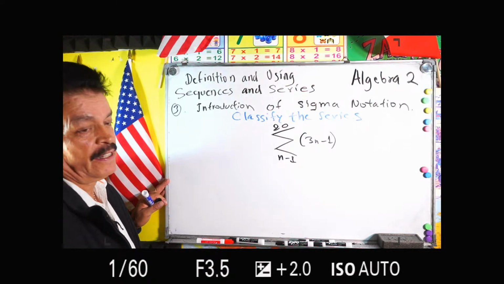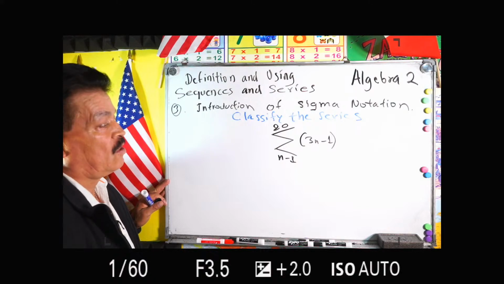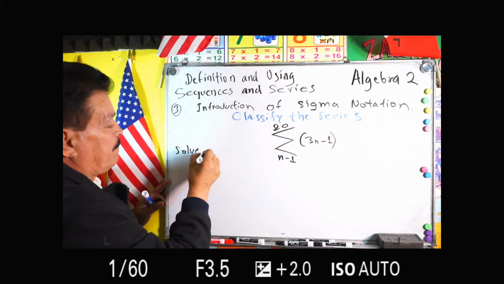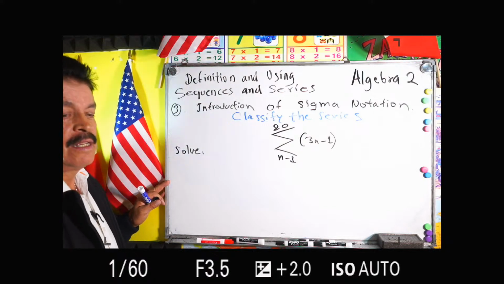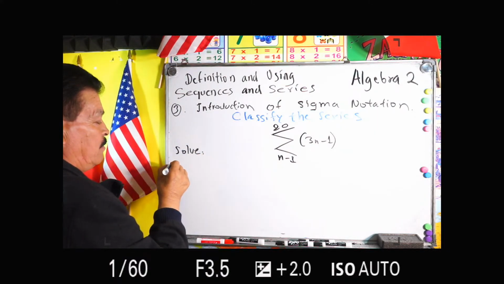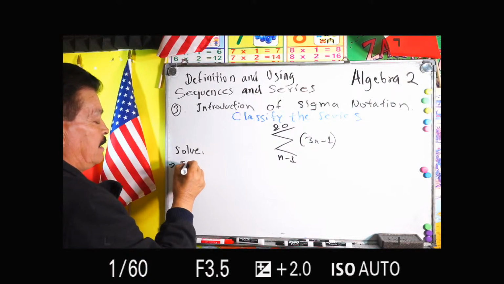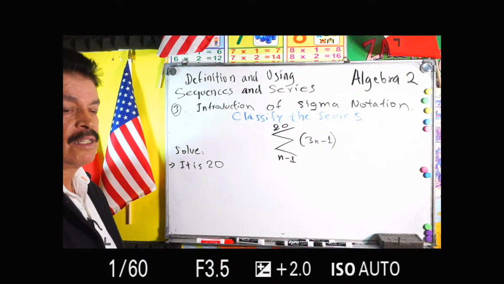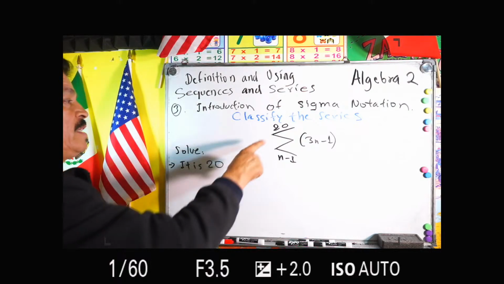Is it finite or infinity? So let's solve the problem. How do we solve it here? In this case, at the beginning, it is 20 immediately, right? So it is 20 right here.